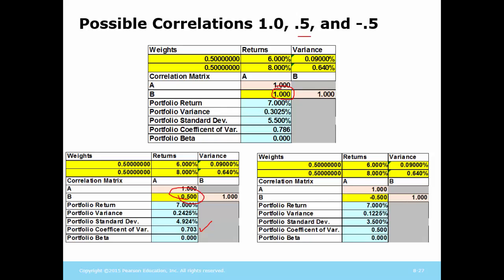What happens if we had -0.5 correlation? The coefficient of variation goes down even further to 0.5. So we can look at how different assets vary as far as relationships: the lower the correlation, the more risk diversification that you ultimately get.